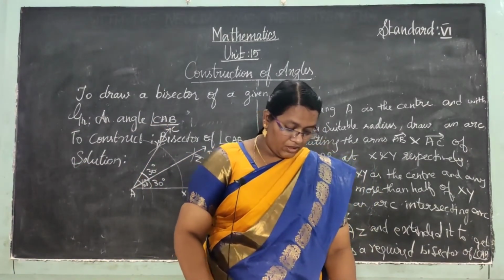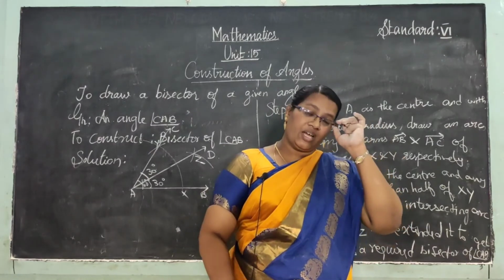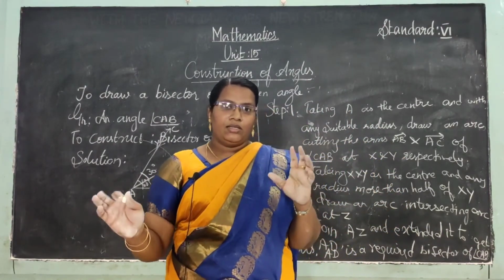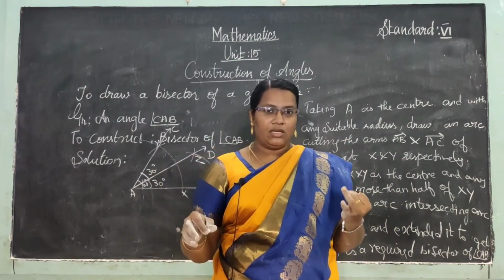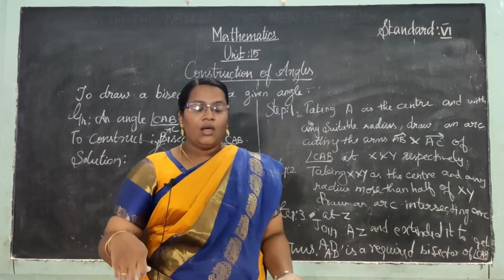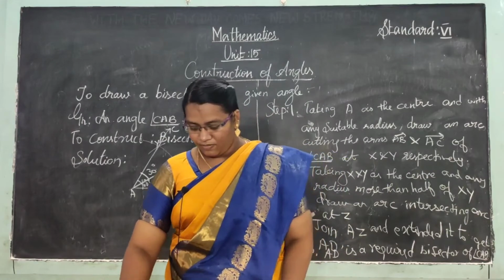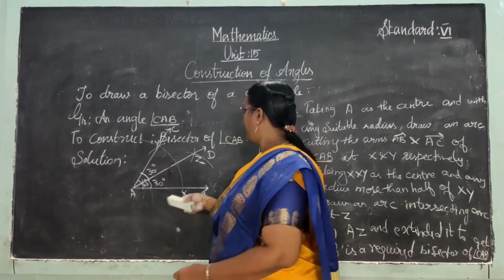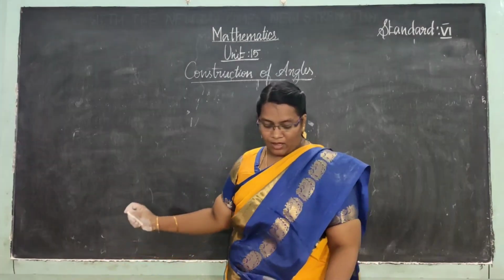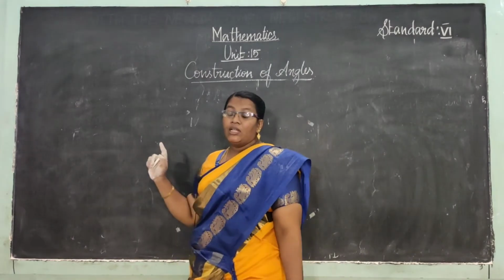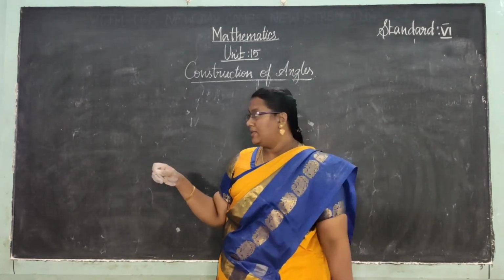Now move to the next one. Construct an angle. Some special angles: 30 degree, 45 degree, 60 degree, 120 degree. How to draw? We will see. First we will see how to construct the angle 60 degree.